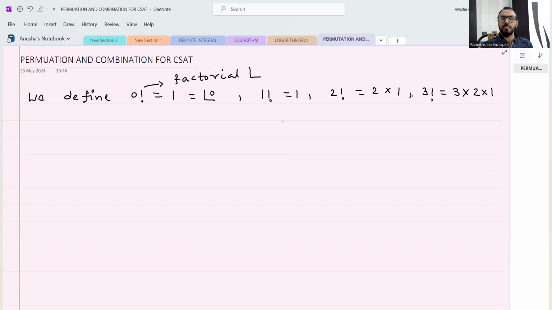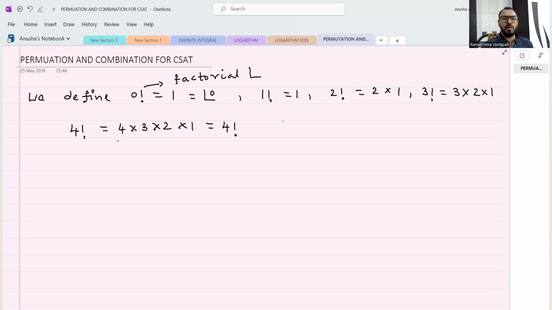So this is the product of the first 3 consecutive natural numbers. Similarly, 4 factorial equals 4 into 3 into 2 into 1.